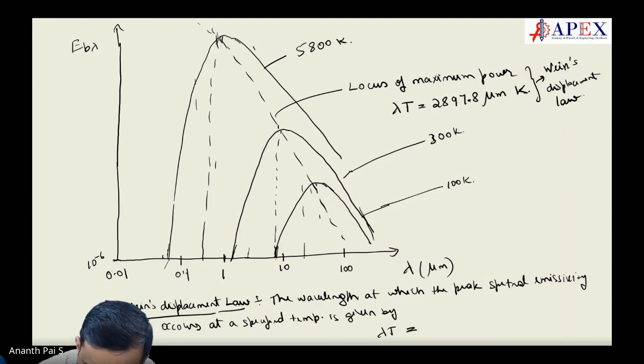Lambda T is equal to 2897.8 micrometer Kelvin. We can find it out.